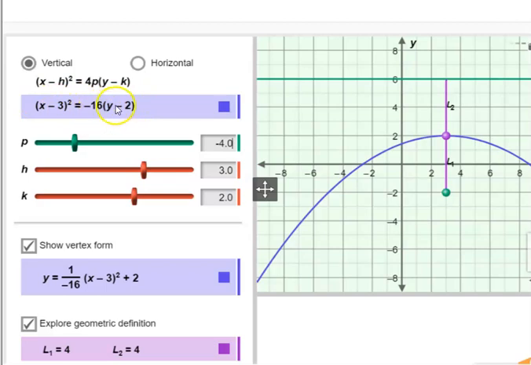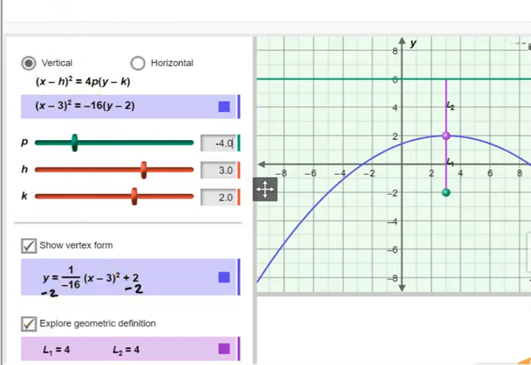Just realize that the y is not isolated, okay? So it's like they got rid of the fraction by, you can see how if I were to do work on this, it would be like subtracting 2 from both sides. All right, so I'd have a y minus 2 on that one side, and then multiplying both sides by negative 16 to undo the fraction on both sides.